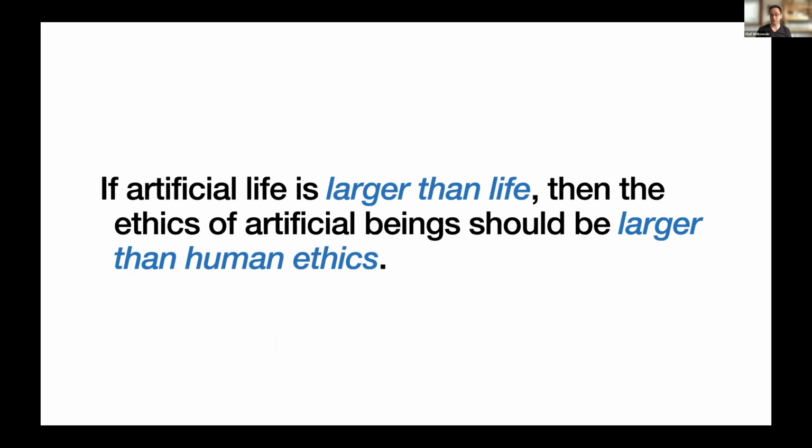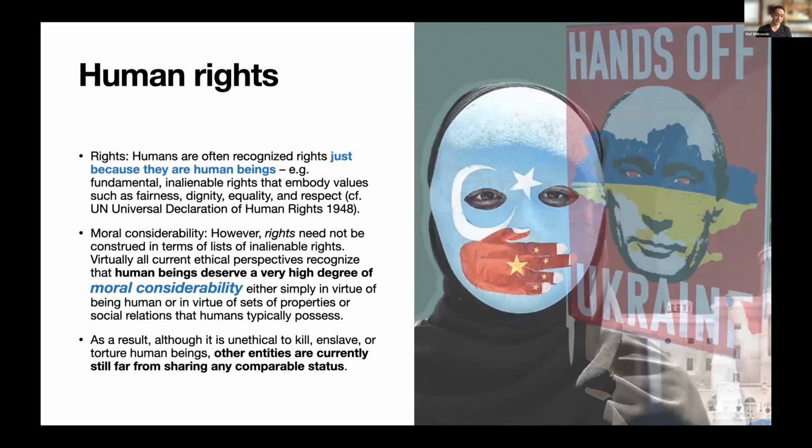So here we go. If artificial life is larger than life, then perhaps the ethics of ALife beings should be larger than human ethics. Everything starts with human rights, because everybody has an intuition that humans, just because they're humans, have rights. Those are fundamental, but they don't have to be; it can also be construed in a more general sense.